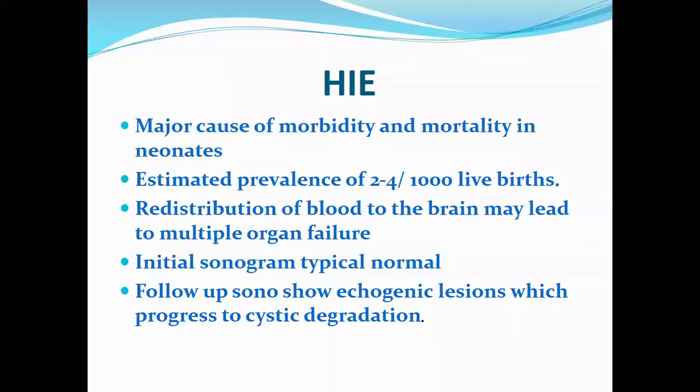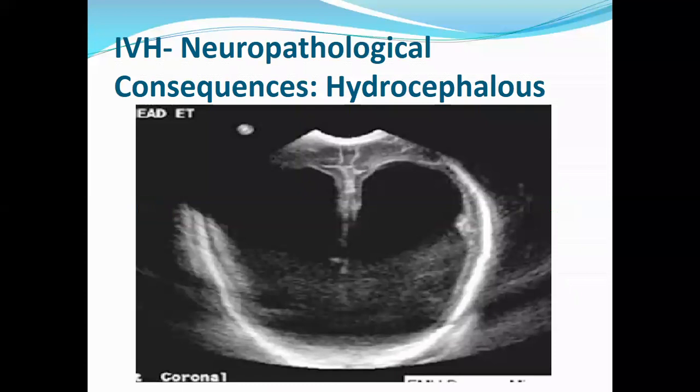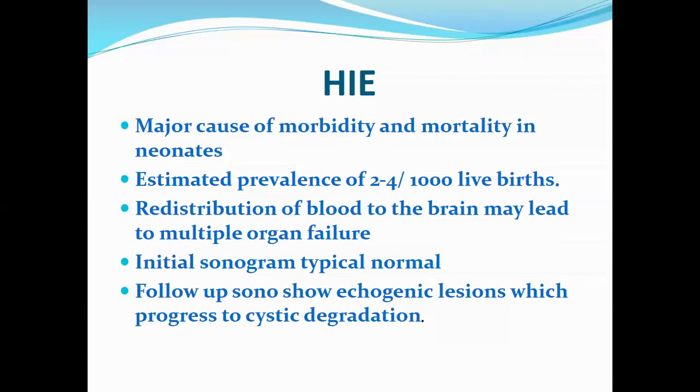The other consequence for IVH, intraventricular hemorrhage, is HIE, hypoxic ischemic encephalopathy. This is an injury or an insult to the white matter of the brain.